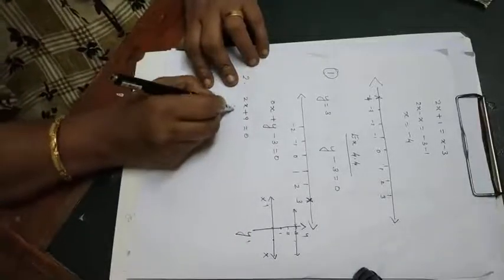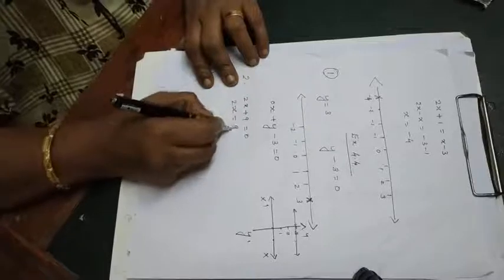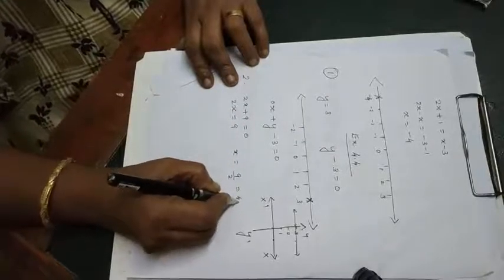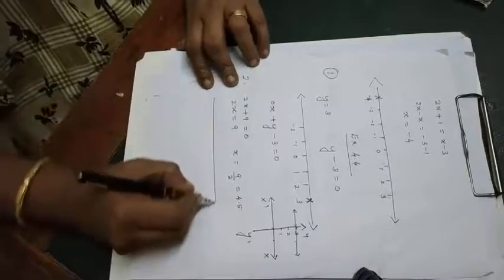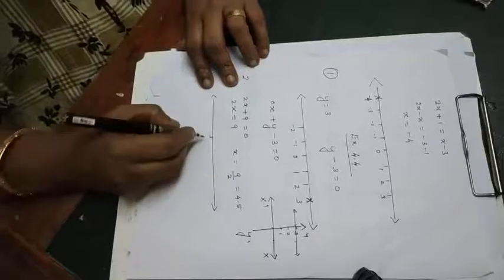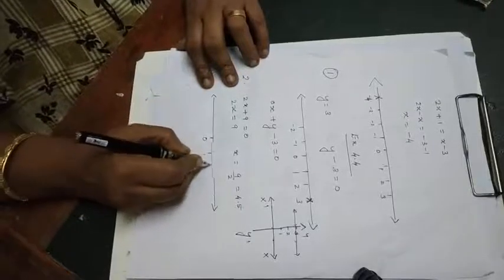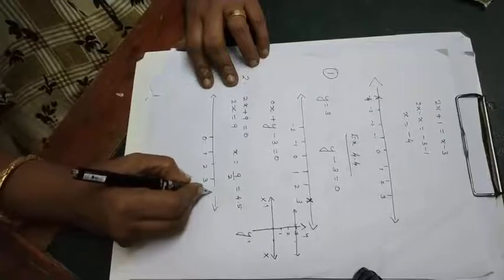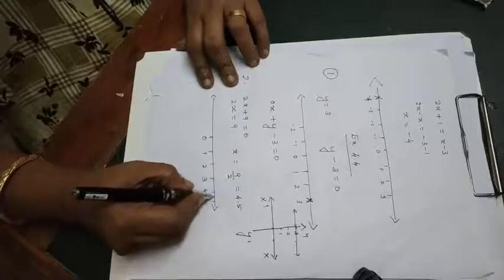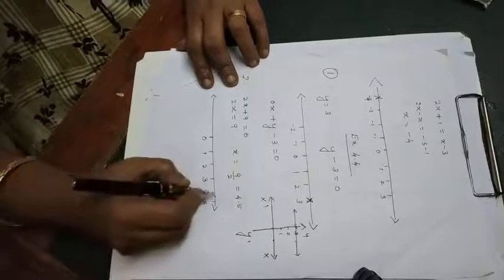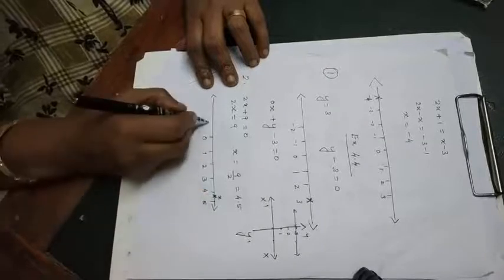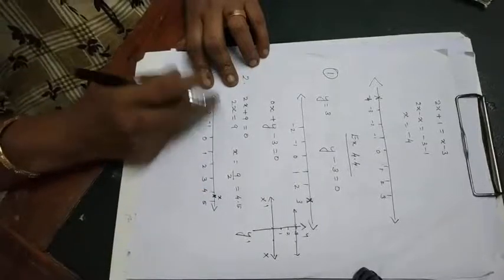What is x here? 2x is equal to -9, or x is equal to -9/2 or -4.5. So when representing that one, it is a negative quantity, so negative side you can take, midpoint of -4 and -5, that is -4.5 it will come. This point will be our x. Okay, -1, -2, -3.